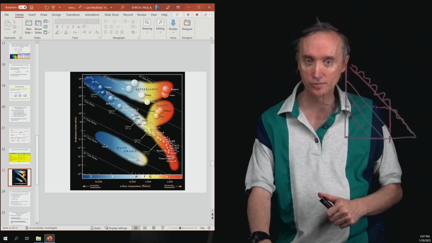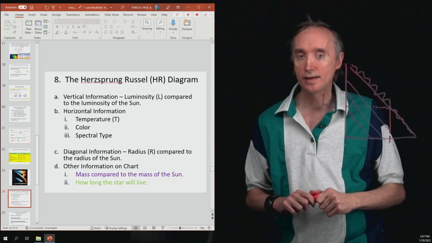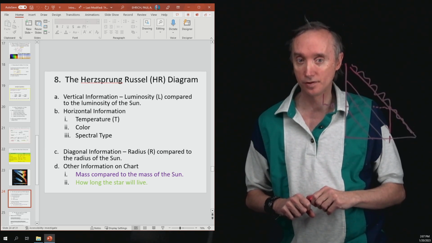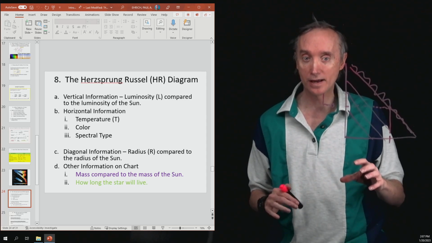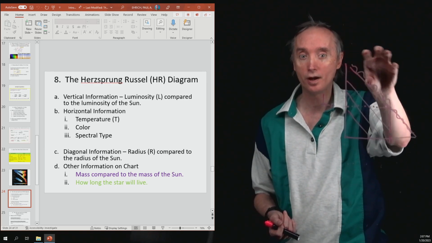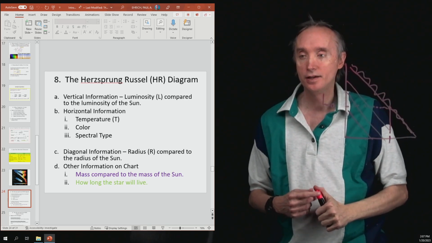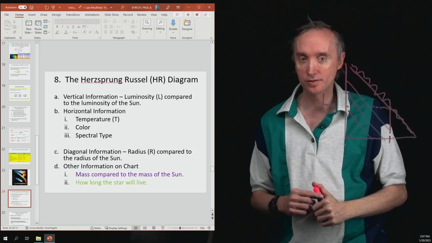If you look closely, you're going to see some purple numbers, and that's the mass of the star in terms of the mass of the sun. You're going to see that some of those purple numbers say 100. That would mean that that particular star is 100 times the mass of the sun.